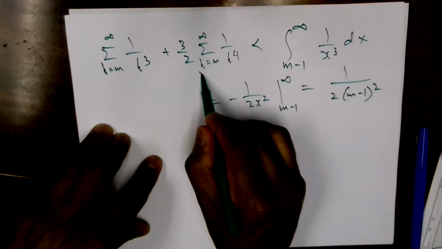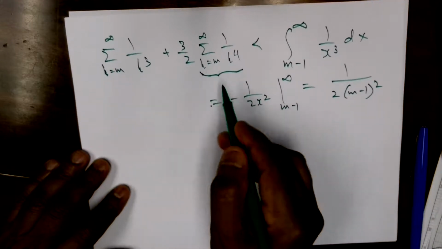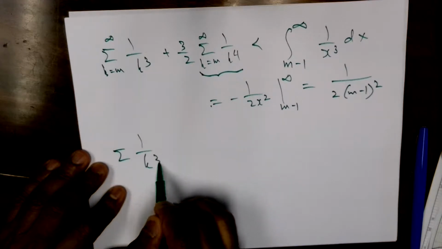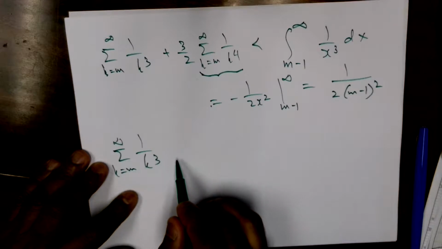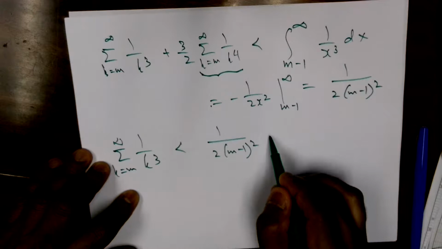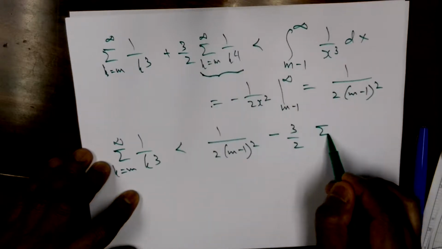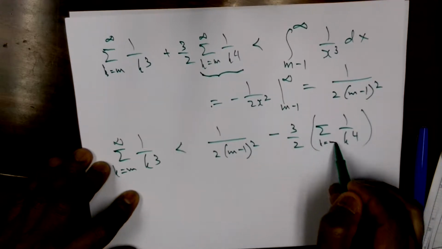So the interesting thing is we can sum this up. So what we are interested in, 1 over k cubed, k equal to M through infinity, is less than 1 over 2(M minus 1) squared minus 3/2 times the sum of 1 over k^4, k from M through infinity.